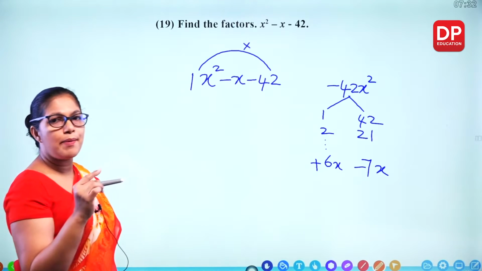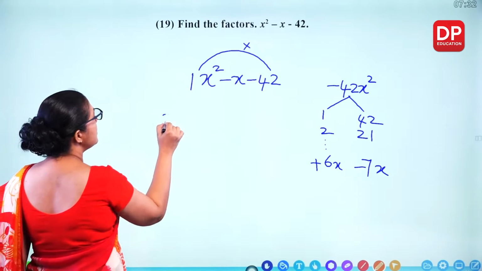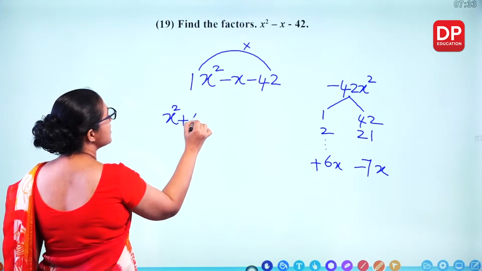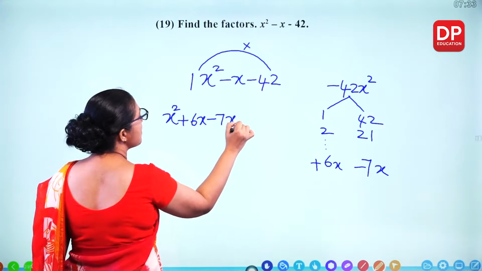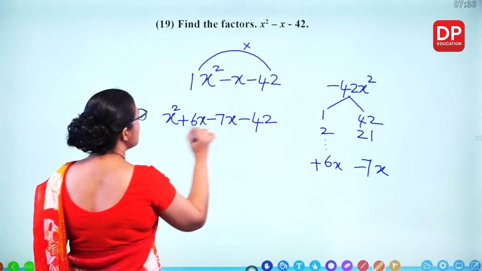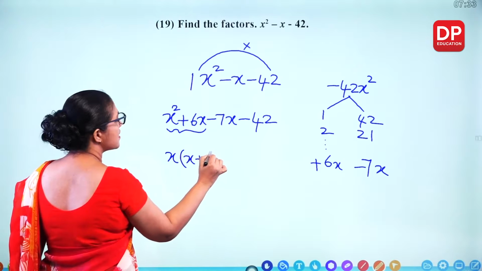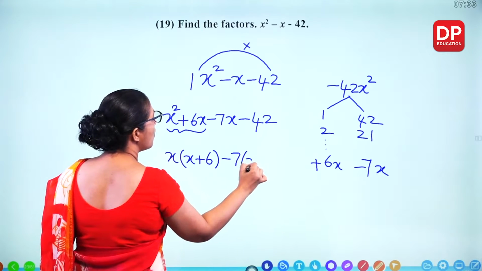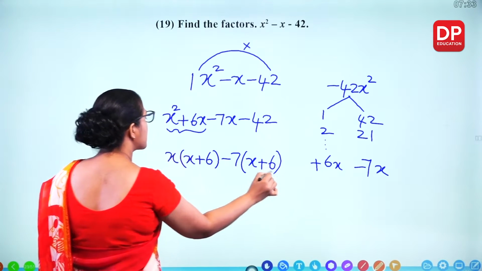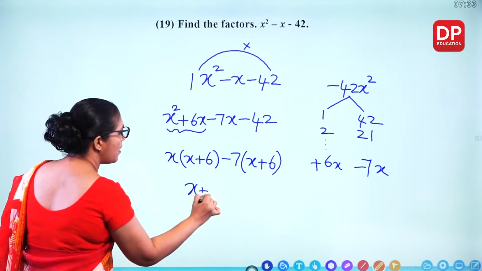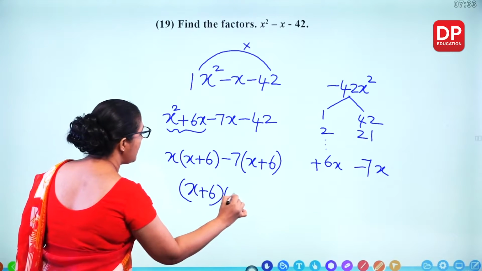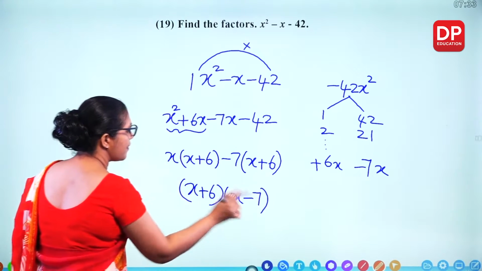Minus 7x and plus 6x. So you split the middle term into plus 6x and minus 7x. Take 2 at a time, factorize: x plus 6. Take minus 7 out, this becomes x plus 6. x plus 6 is common and the remaining one is x minus 7.